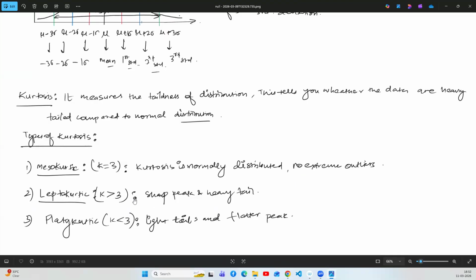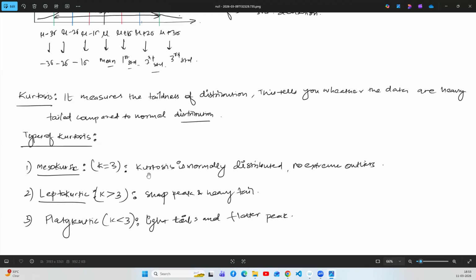Next, leptokurtic. When you have a sharp peak and heavy tail distribution, there will be one long peak and the tail will be heavy. That means sharp peak, long tail: leptokurtic. And platykurtic is when you have a light tail and flatter peak. The criterion is very simple: compare it with the normally distributed curve.